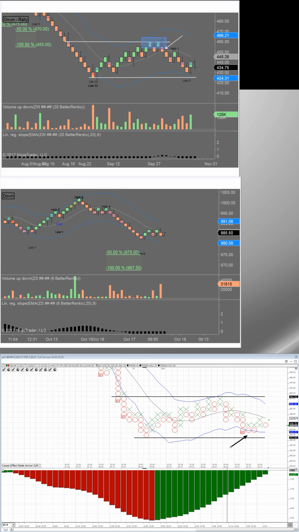And even this weak counter trend rally, it went where it's supposed to go, which is this high volume area right up here. This is the supply zone. A lot of forex traders use this term supply zone, demand zone. Well, this is how it looks on this type of chart. So all it did was test the supply zone, and that's where it reversed.